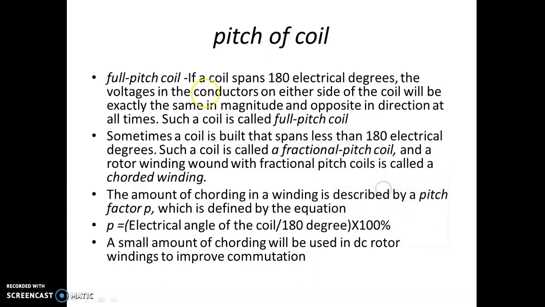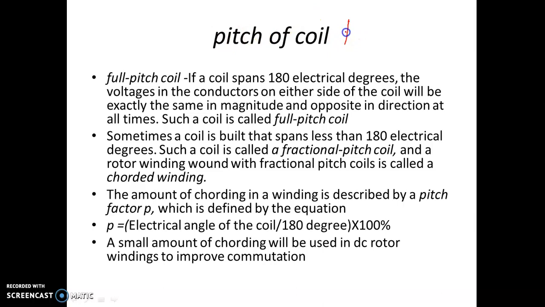These definitions are: full pitch coil. If a coil spans 180 electrical degrees, whatever I have explained in the previous videos and this video, all definitions are written here. Full pitch: if a coil spans 180 degree electrical, the voltage in the conductor on either side of the coil will be exactly the same in magnitude and opposite in direction at all times. If it is 180, like this.